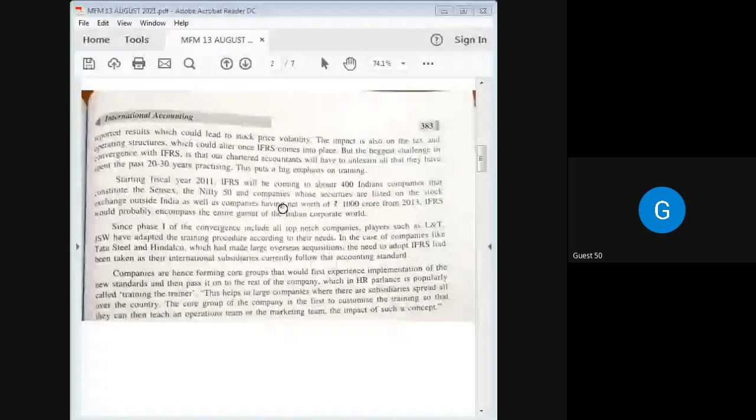IFRS would probably encompass the entire Indian corporate sector.